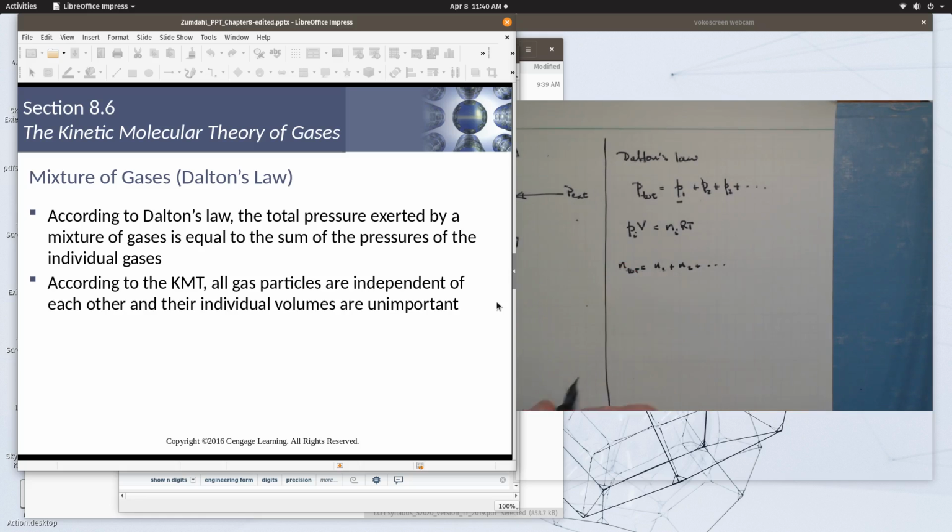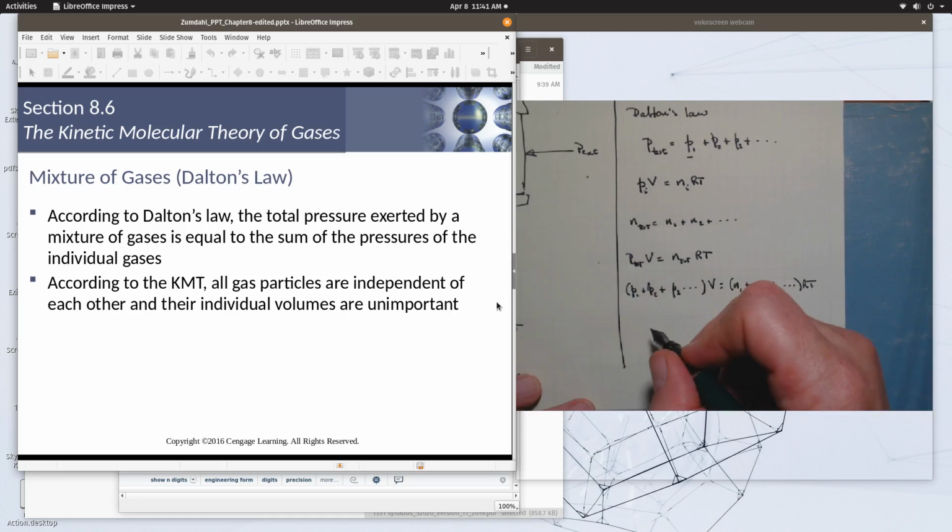So I can then say that the total pressure times volume is equal to N total times RT. That doesn't change. And so consequently, I can easily write this out as P1 plus P2 plus P3, all these other guys, times the total volume is equal to N1 plus N2 plus N3 times RT. And that's all that it is.